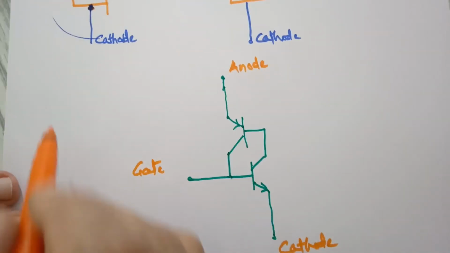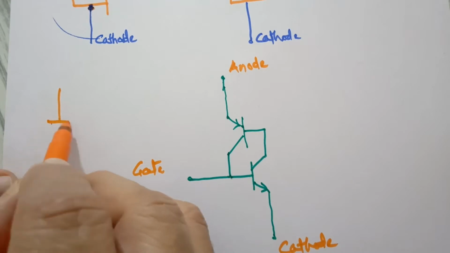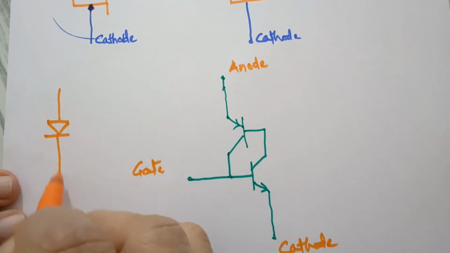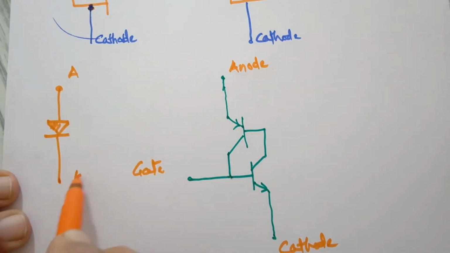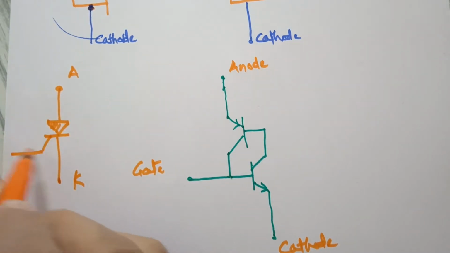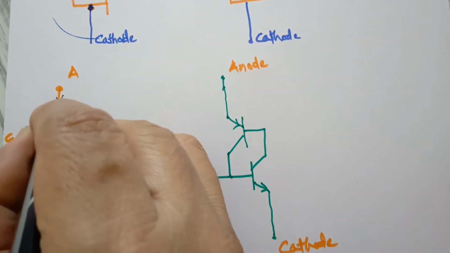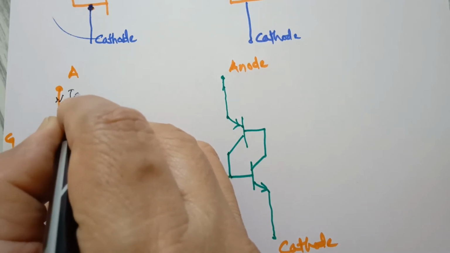If you look at the SCR using the symbol, we have three terminals: this is anode, this is cathode, and this is gate. Current entering here will be anode current.